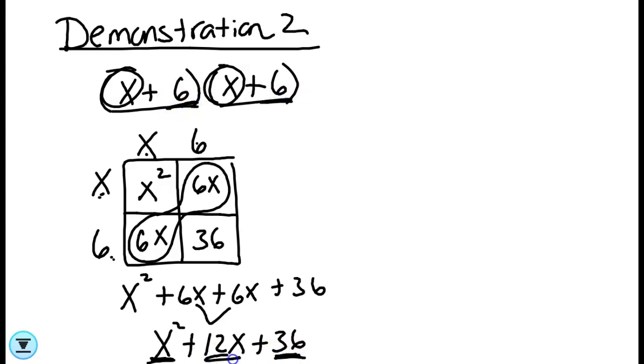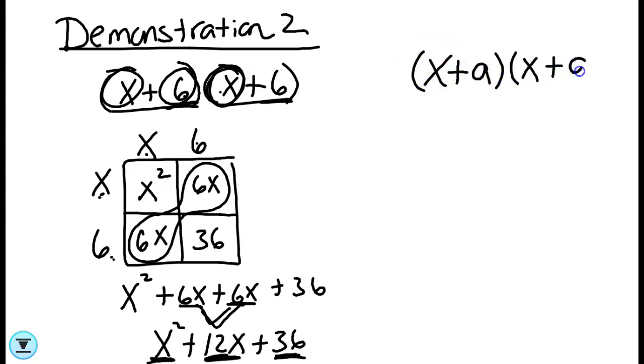But where does the middle term come from? Well, it comes from putting the number that they give you, or the second term here, with the first term here, multiplying those together, and then doubling it. So what's 6 times x? Well, 6 times x is 6x, but we have 2 of them, so you double it and you get 12. So we have a shortcut, and let's go ahead and write down our shortcut here. x plus a times x plus a.